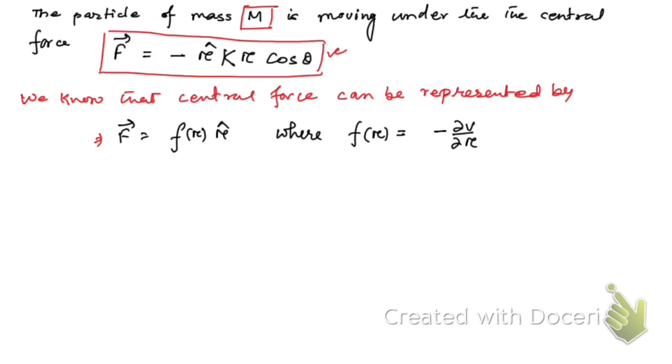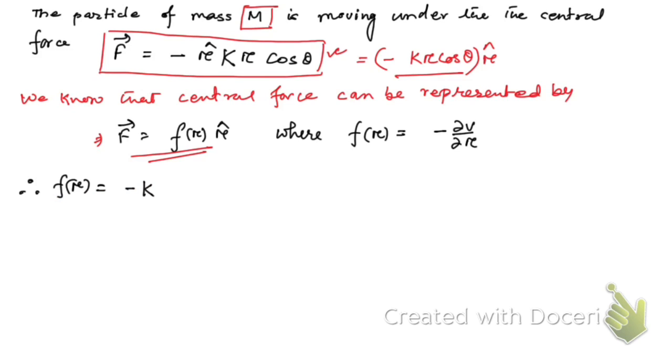Now if we compare these two, this is nothing but minus r K cos theta r cap. We can write it this way, right? So if you compare these two, then you can have f of r is equal to minus K r cos theta. That's what we're going to have, right?